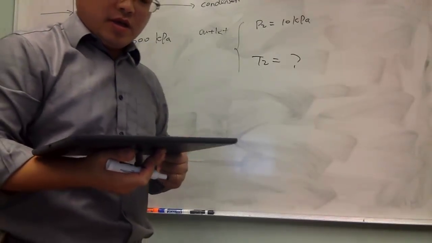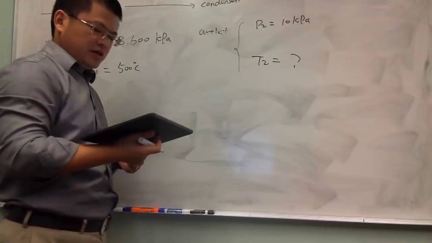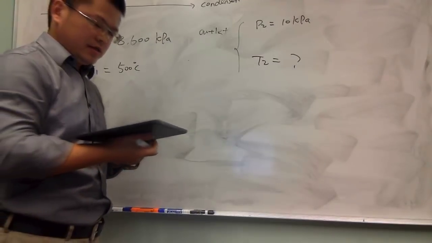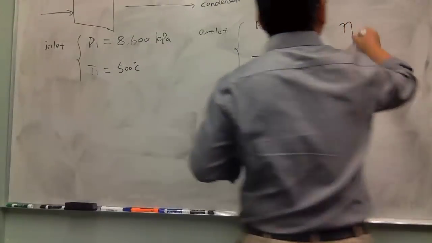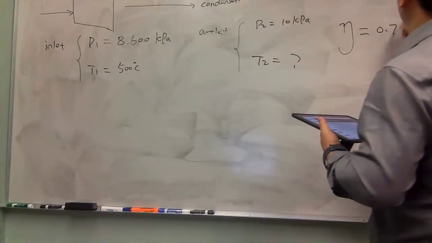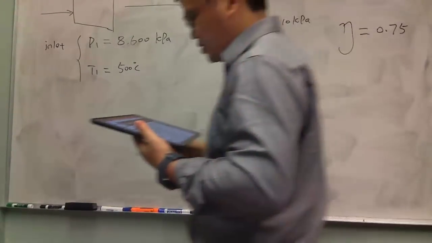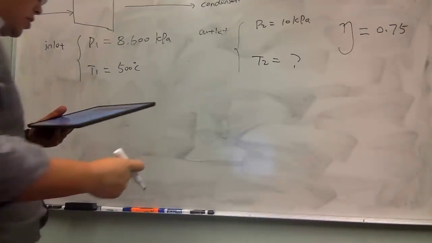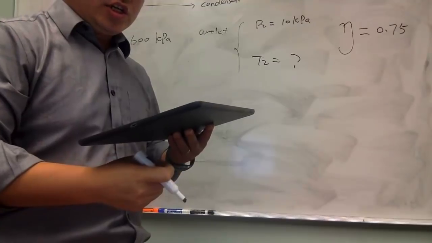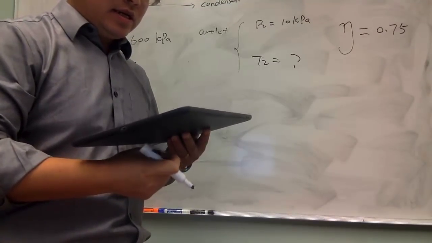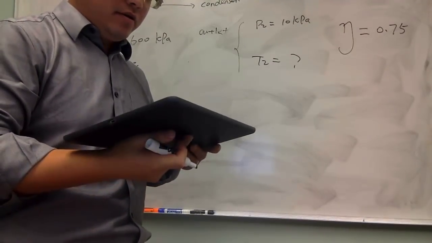Then we know the turbine efficiency is 0.75. We want to determine the state of the steam at discharge and the mass rate of flow of the steam.